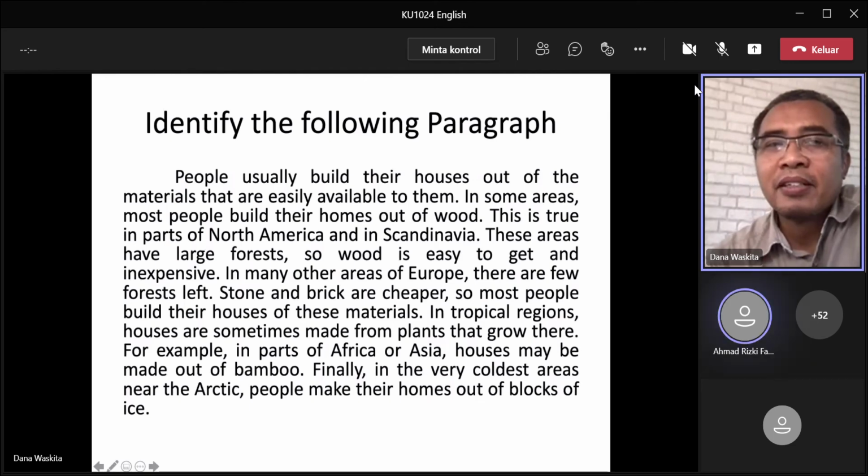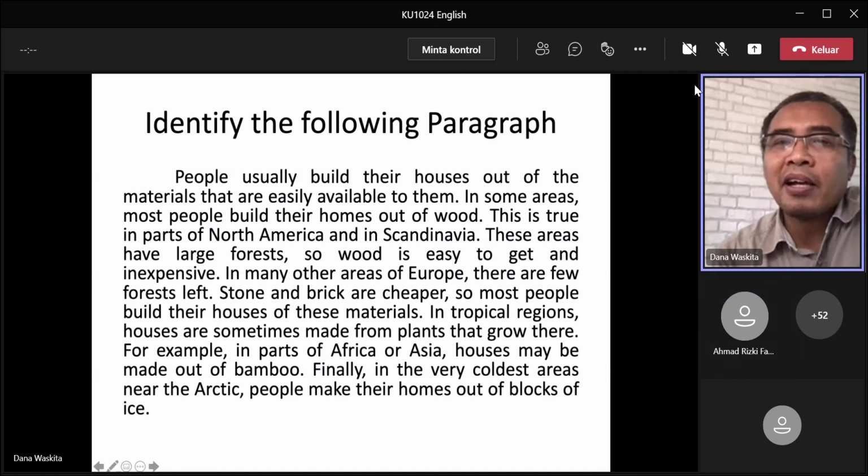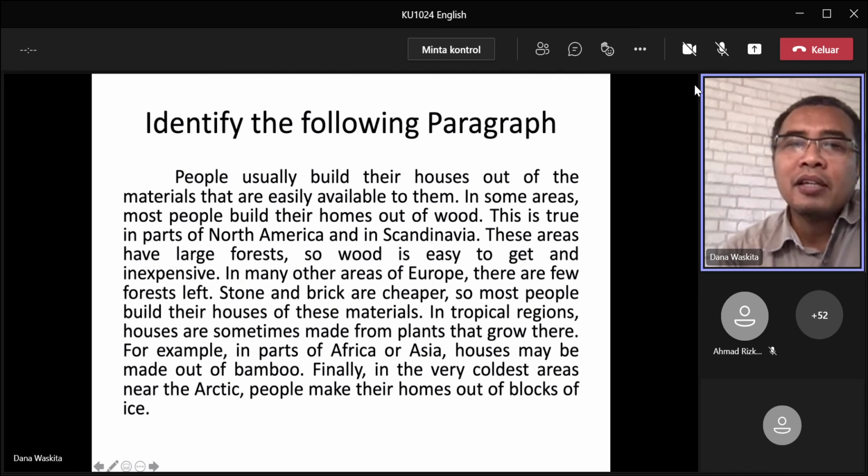So, for example, in North America and Scandinavia, they use wood. In Europe, they use bricks, right?